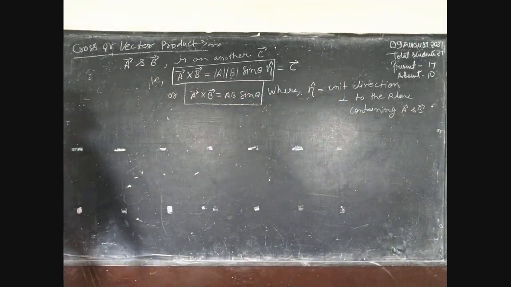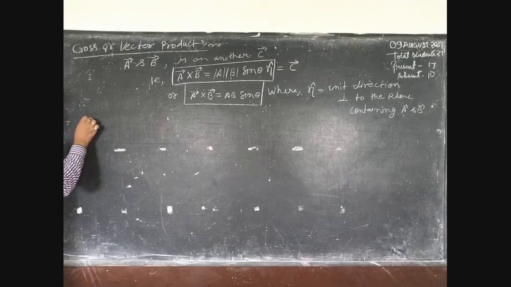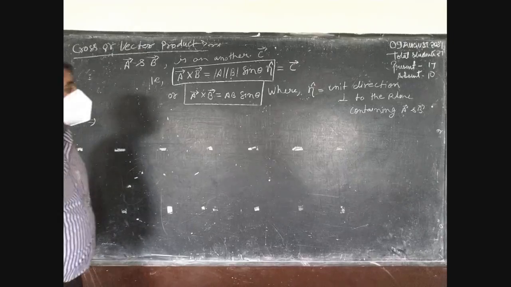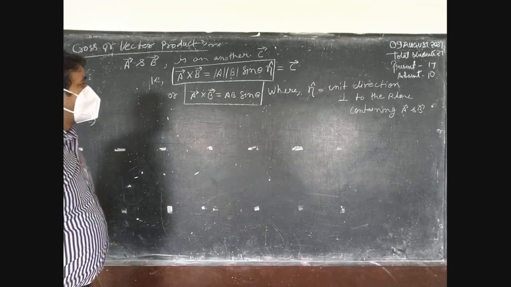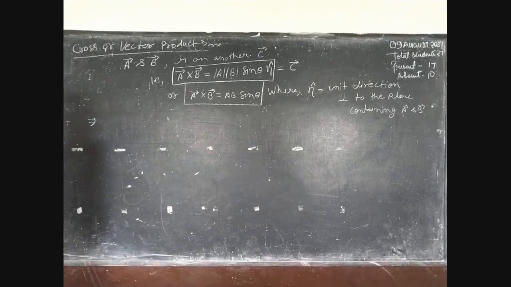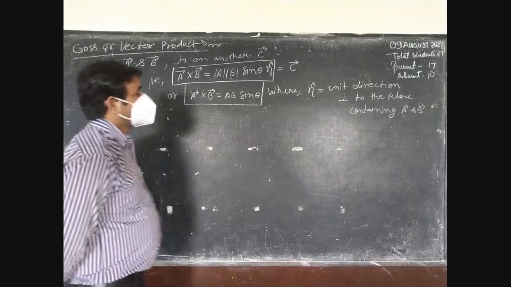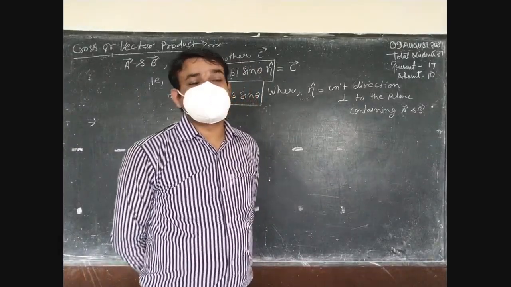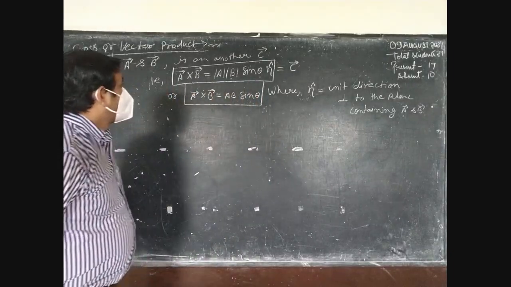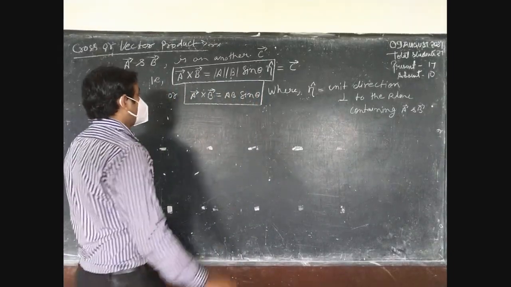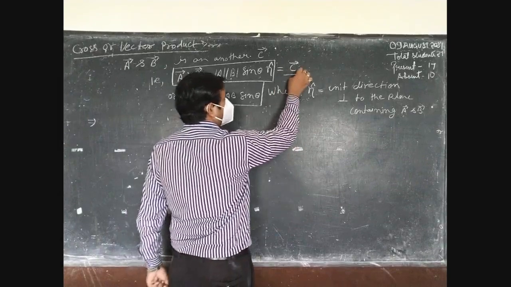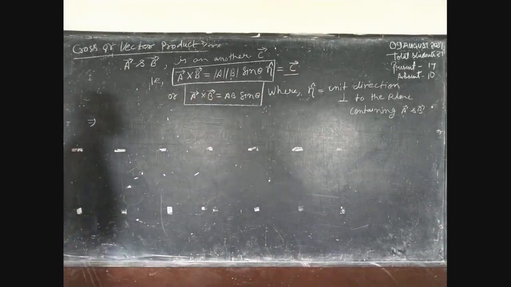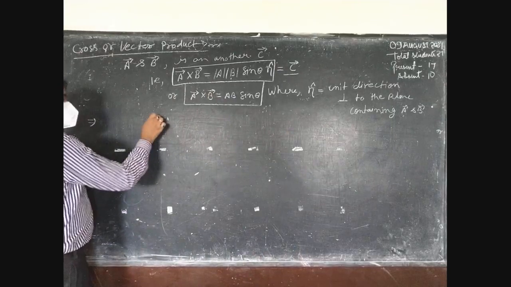Okay, next with me. Method to determine the direction of the cross product between vector A and vector B, or vector C. Okay, here we have two rules.